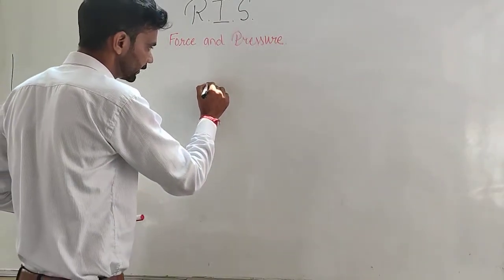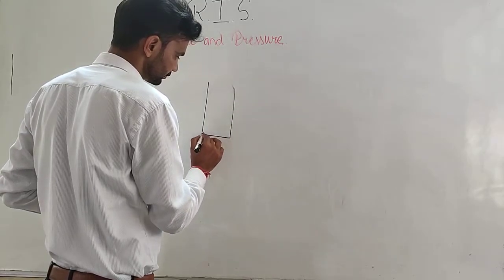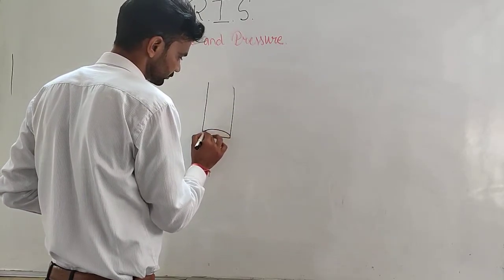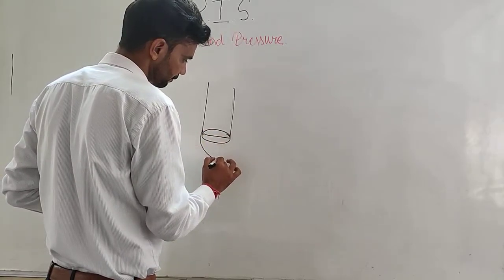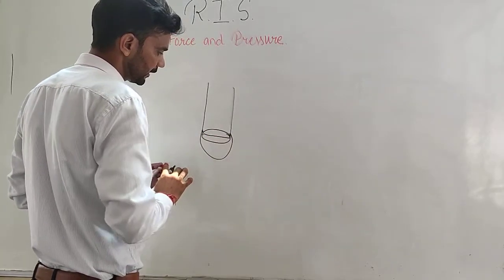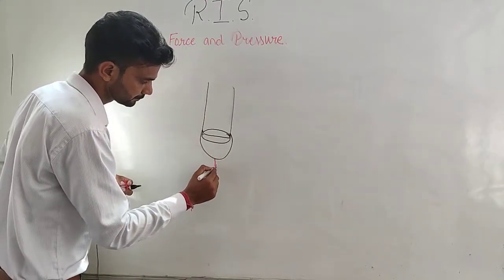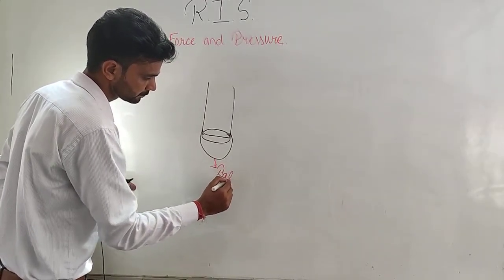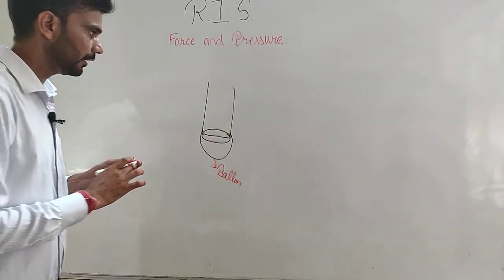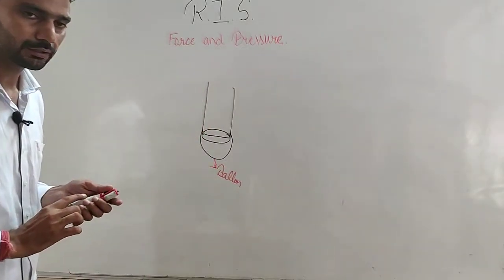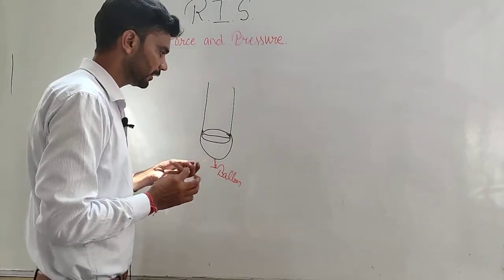Suppose I have a test tube. If I tie a balloon here, मैंने यहाँ एक balloon टाइप किया. This is empty. Now when I filled this with water, then what will happen?